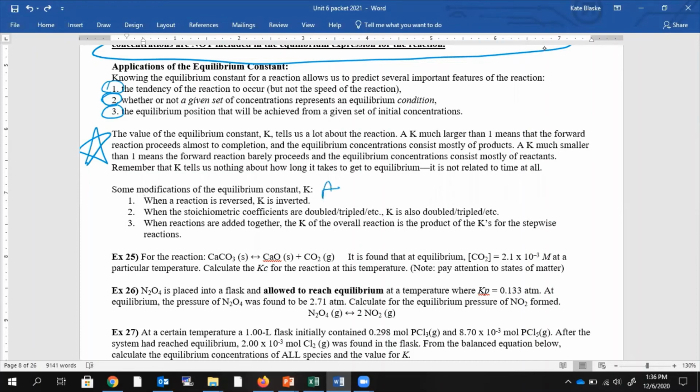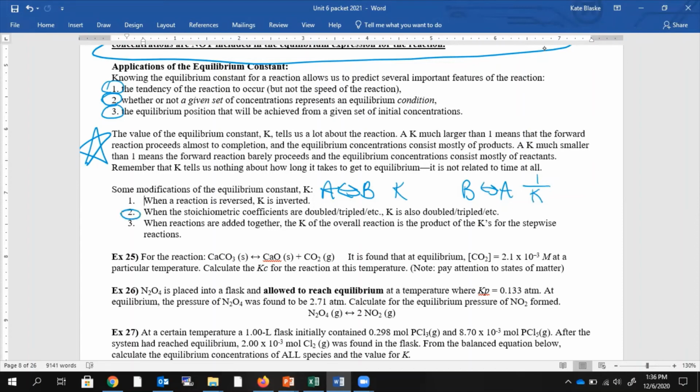If I have the reaction of A making B, notice that it has a double-sided arrow because we're at equilibrium, and it has a certain K value. If I want to talk about the reverse reaction of B forming A, we're switching the products and reactants in that equilibrium expression. My equilibrium constant is going to be inverted. It's going to be 1 over K instead.